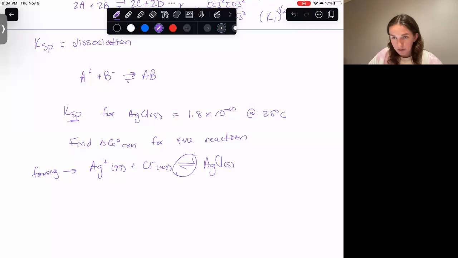Since we know we're at equilibrium, we can use the equation delta G naught of the reaction is equal to negative RT ln K eq. But it's not Ksp directly because we're looking for the reverse reaction, the formation of silver chloride.